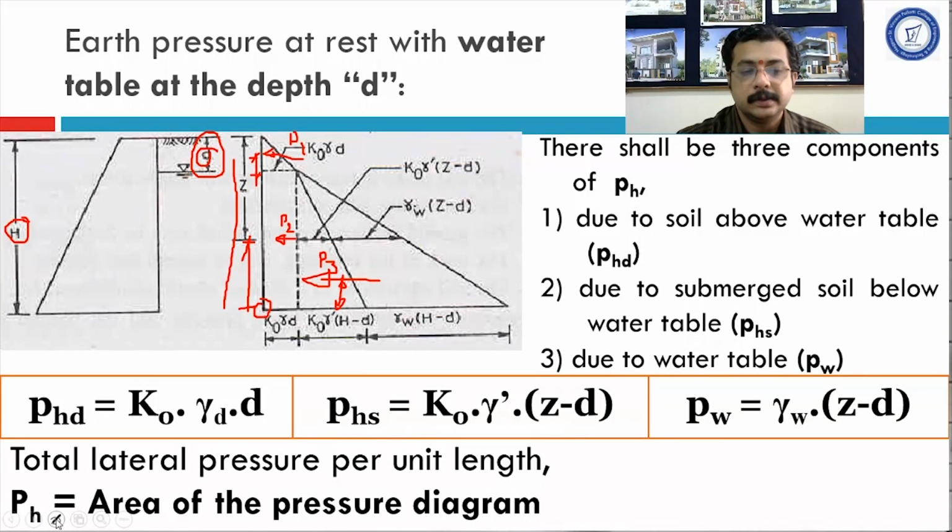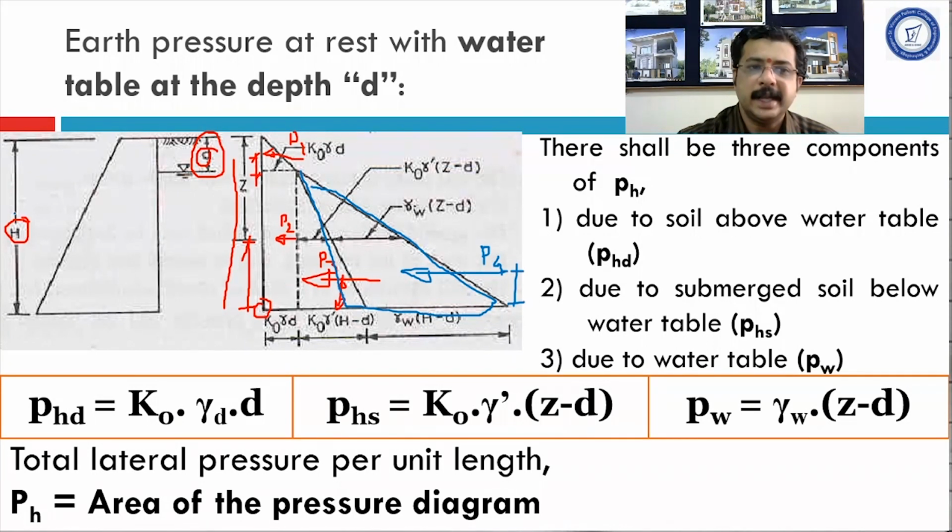Fourth would be the moment produced by this water. We will call it P4. Again, it is a triangular distribution. So this vertical distance is going to be the height of this triangle divided by 3. How much is the height of this triangle?